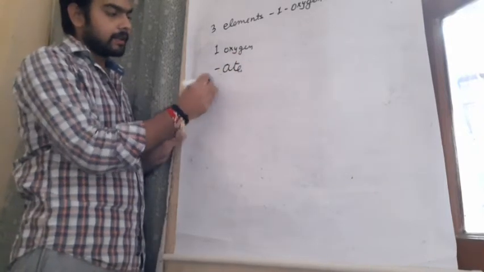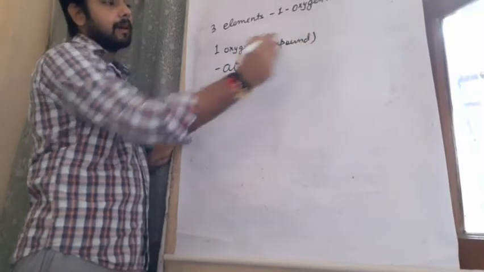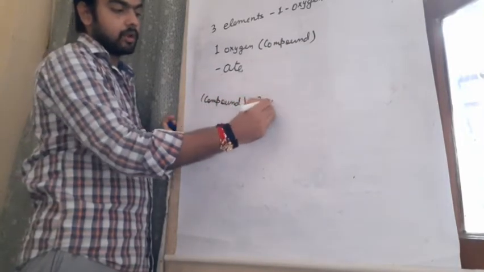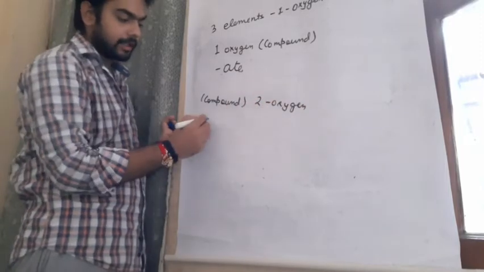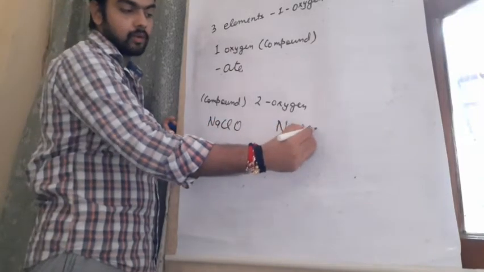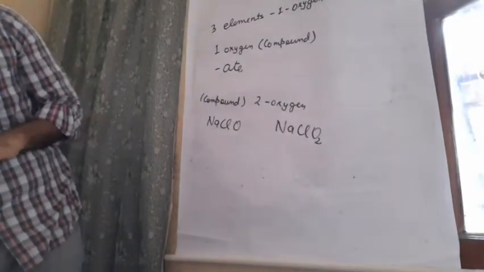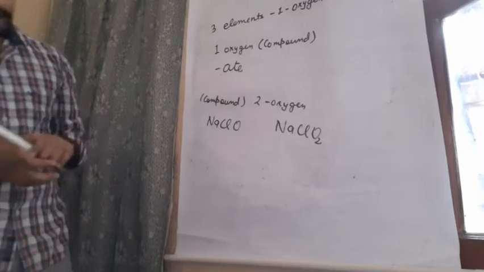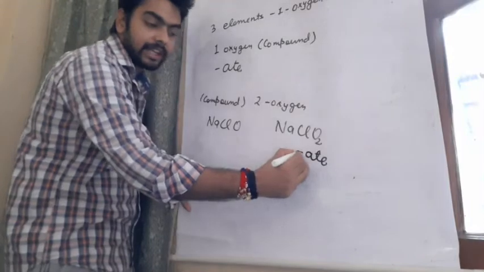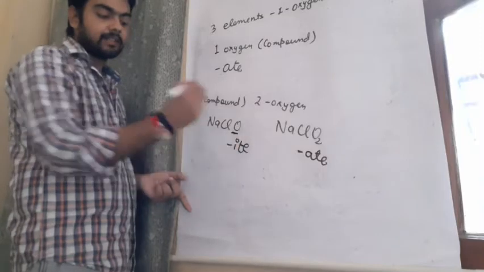But if we have compounds with different numbers of oxygen, for example NaClO and NaClO2, then the one with more oxygen has suffix ATE added to it, and the one with less oxygen has ITE as a suffix.